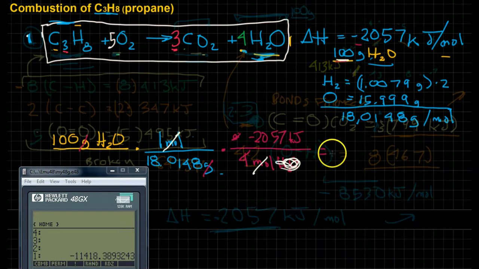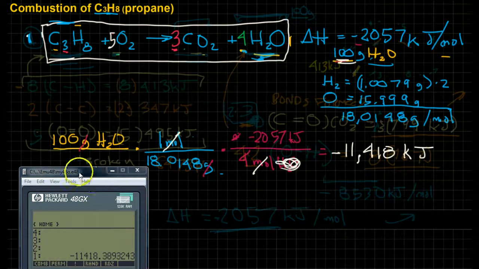That gave us negative 1.1418 kilojoules of energy released in the burning of enough propane to create 100 grams of water.